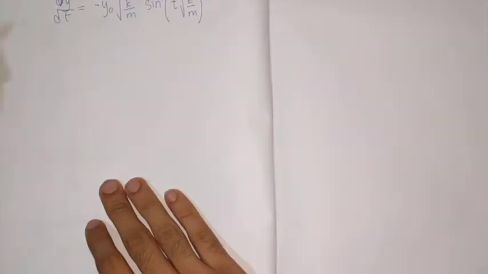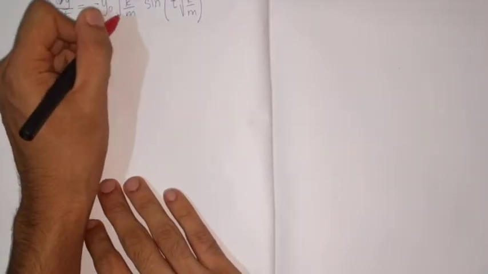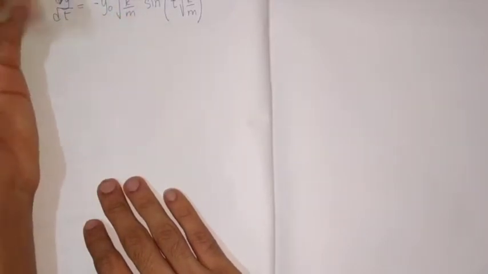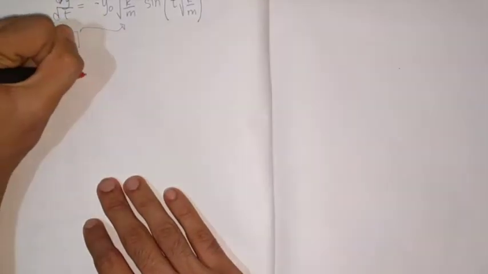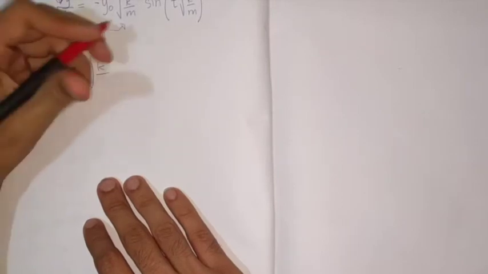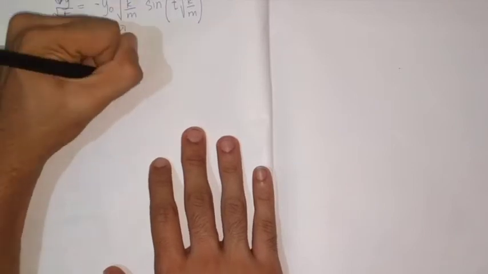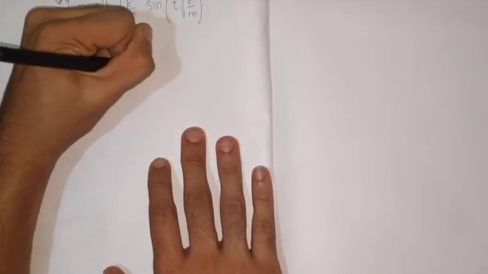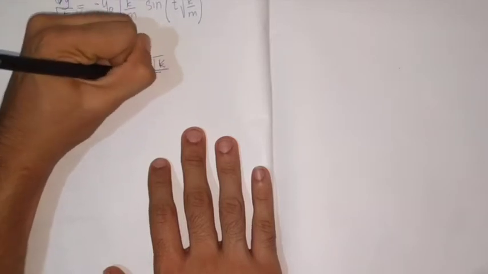In order to evaluate the answer, we must simply substitute the new value of the mass. That is, the new mass is 4 times the initial mass: minus y naught root of k by 4m multiplied by sine of t root of k by 4m.